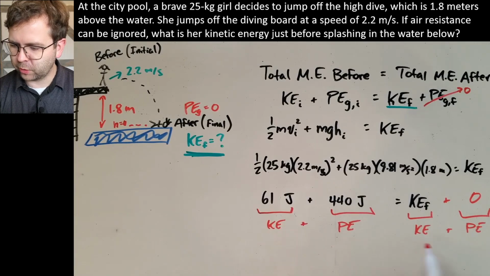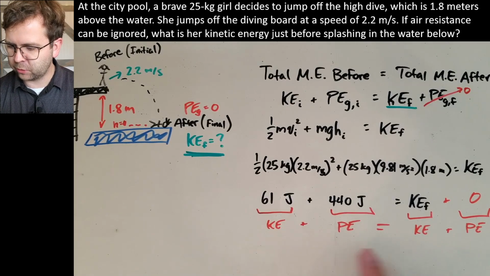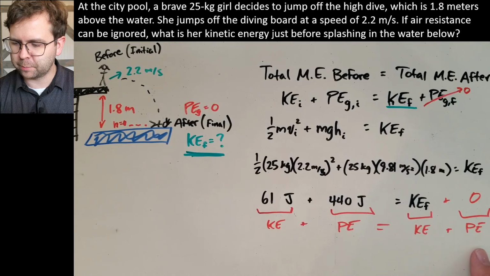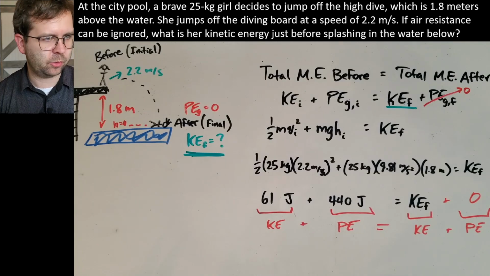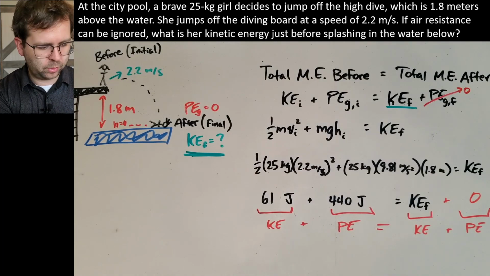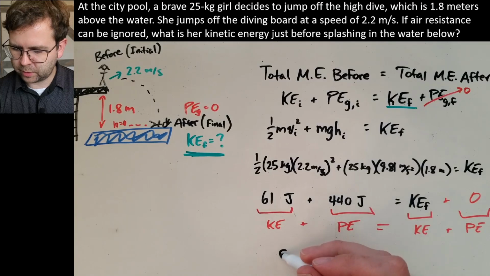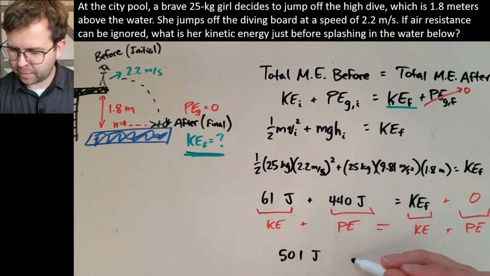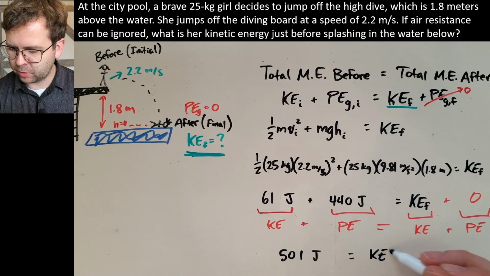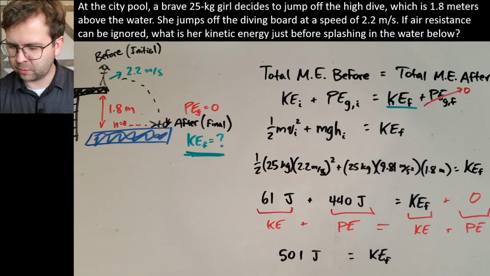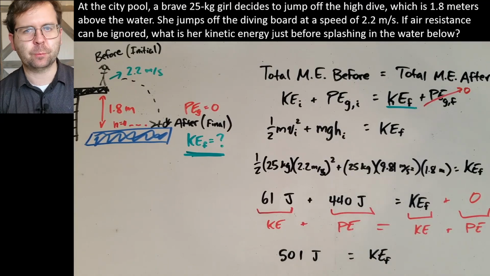This shows us that the mechanical energy stays conserved the whole time, even though we don't have any potential energy at the end. So how much is it? 61 plus 440 is 501 joules of kinetic energy at the end of her splash, right when she touches the water.